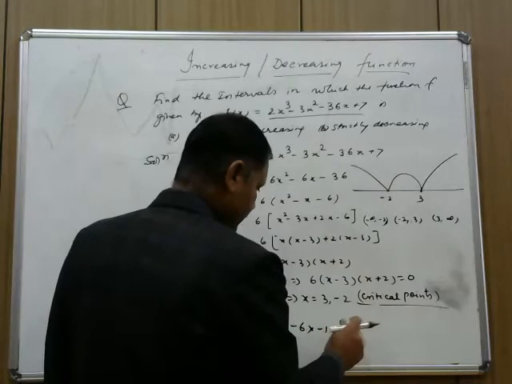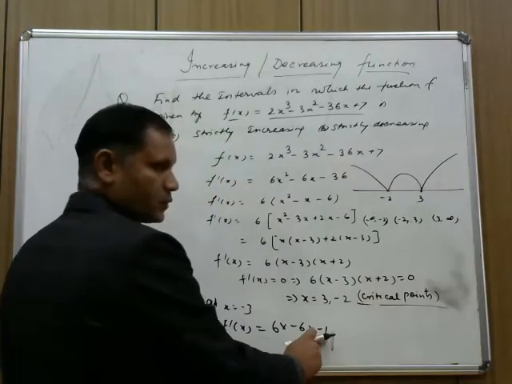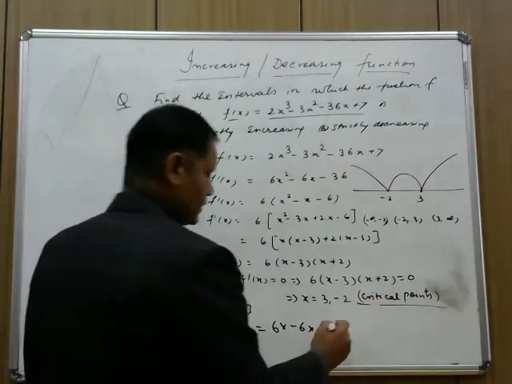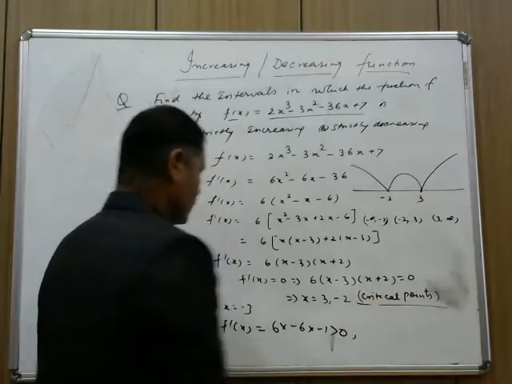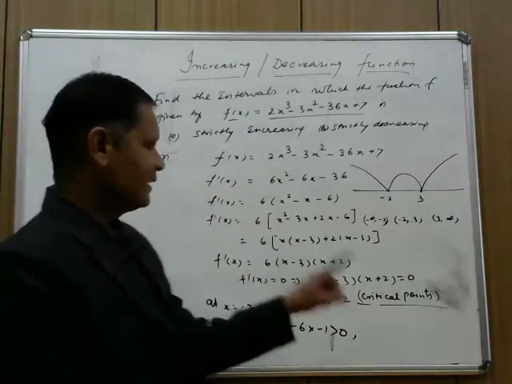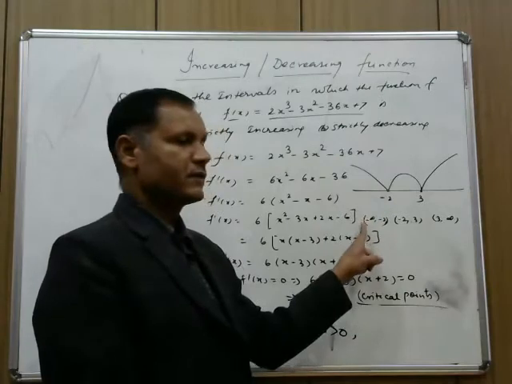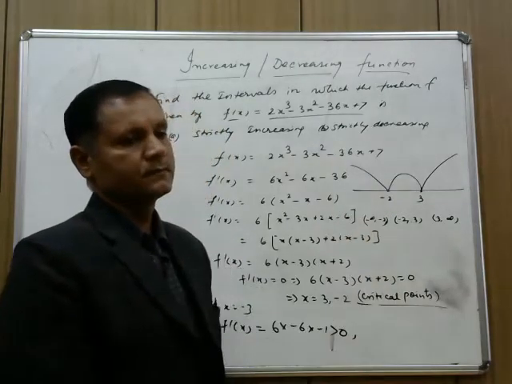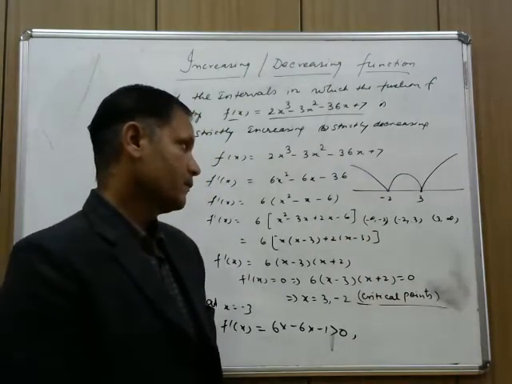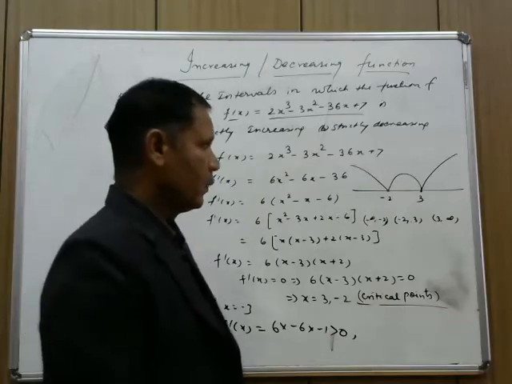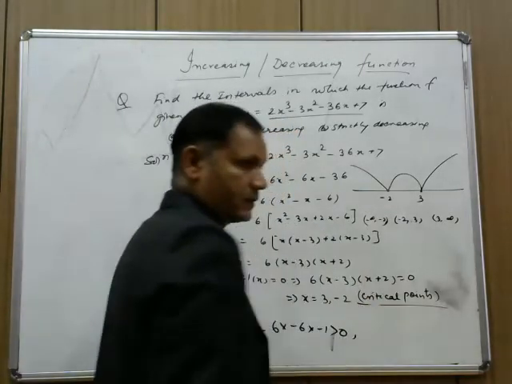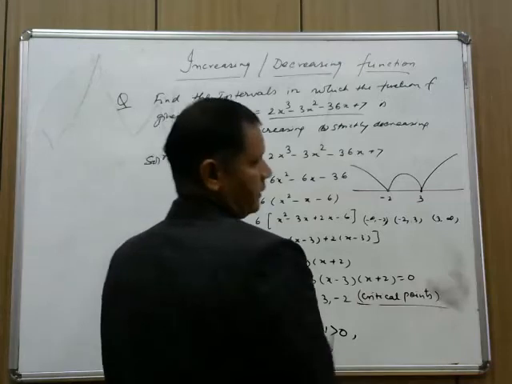It becomes again 6 into minus 6 into minus 1, 6 into 6, 36, greater than 0. It becomes again positive. That means if I take the interval minus 2 to minus infinity, it also becomes positive. It means there are two intervals where the given function is increasing.